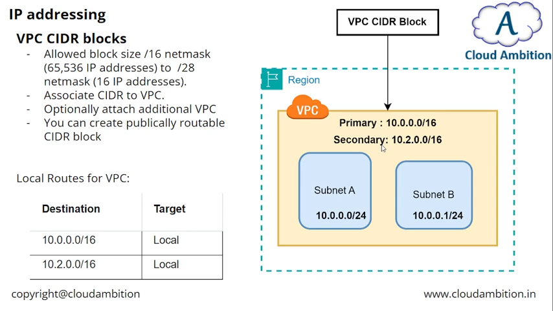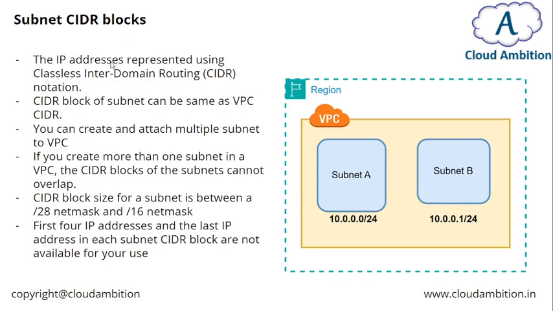Okay, and then the second part is subnet CIDR blocks. Once you have created your VPC and attached your CIDR blocks, a subnet is a sub part of the VPC. Once you have defined your border, like a VPC virtual border, inside the border you can create blocks, like subnet blocks.